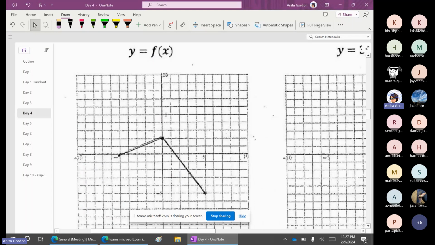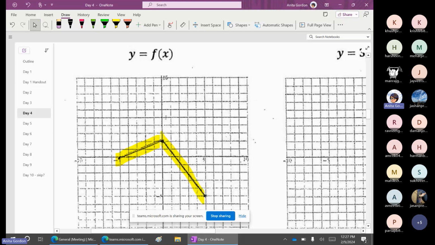Okay, we are given a function. We do not know what the function is, but we do know what it looks like. So we need to use our coordinate mapping in order to be able to do this next activity. So let's identify what are my 3 key points. The first one is 0, -5.